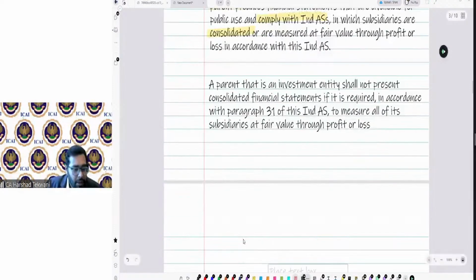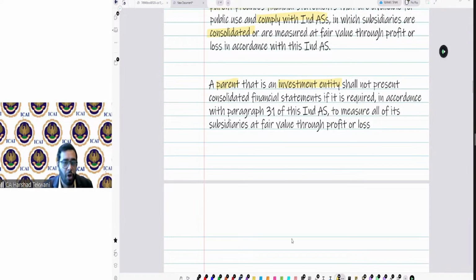A parent that is an investment entity shall not present consolidated financial statement if required, in accordance with paragraph 31 of Ind AS 110, to measure all its subsidiaries at fair value through profit and loss. So being a parent means it has subsidiaries, and it's an investment entity.